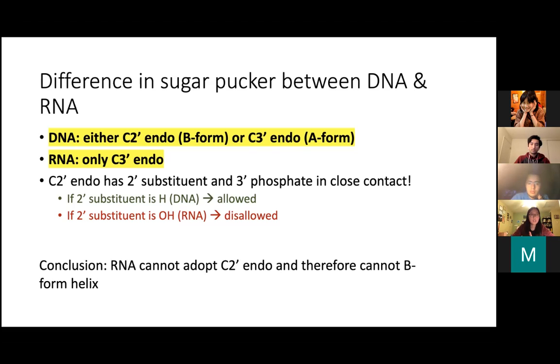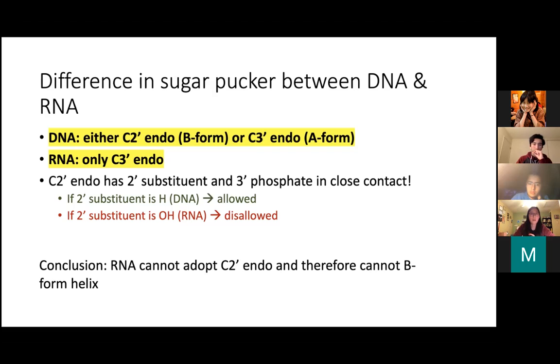Why is this? For a sugar to be C2' endo, its 2' substituent and 3' phosphate group have to be very close to each other. In a DNA molecule, the 2' substituent is a hydrogen atom, which is really small, so it can be close to the 3' phosphate group without serious repulsion.